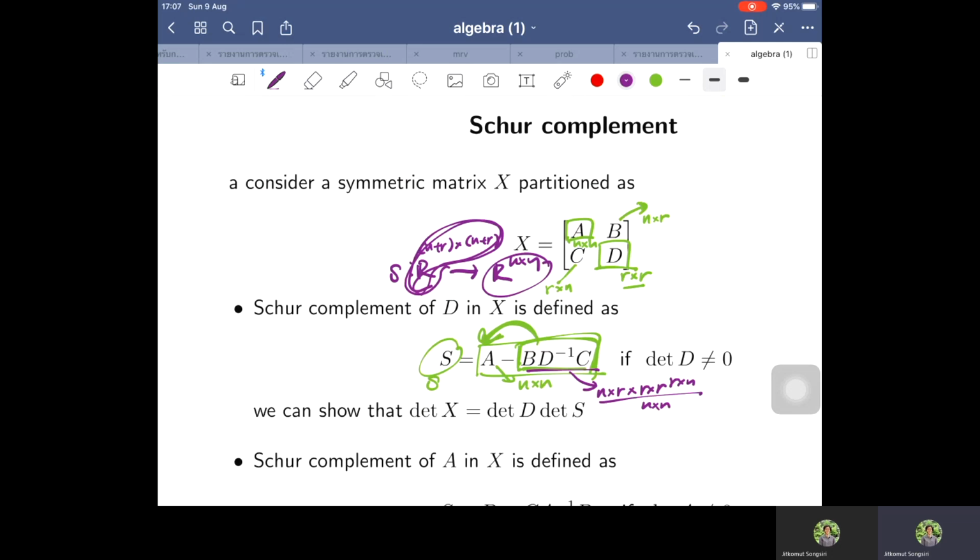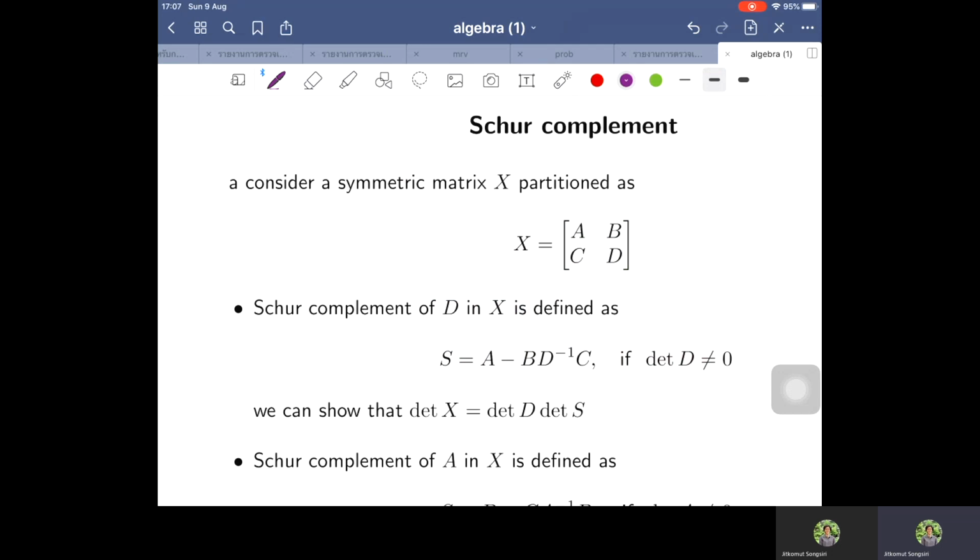This is called the Schur complement of D in X. We're going to show later that once the Schur complement is defined this way, we can prove that the determinant of the whole block X is related to the determinant of the Schur complement and the determinant of D.